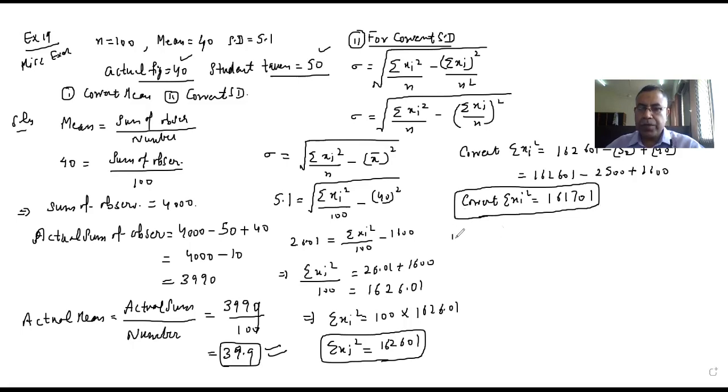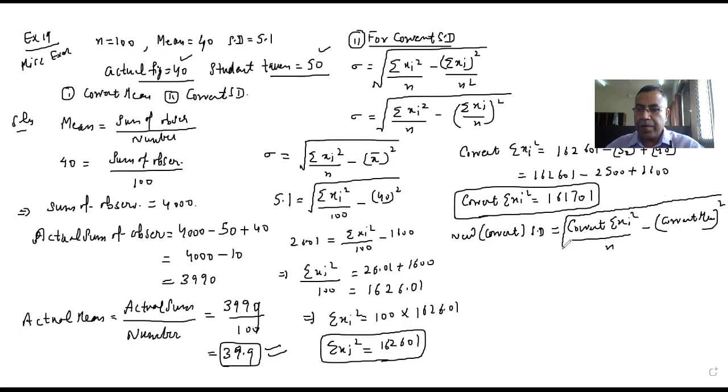So the correct variance is equal to correct sigma xi square divided by n minus the correct mean squared.